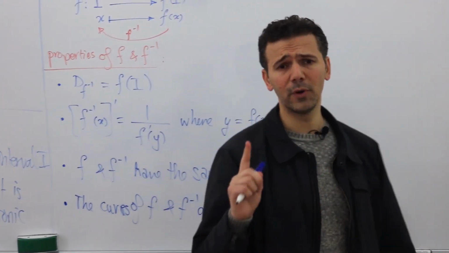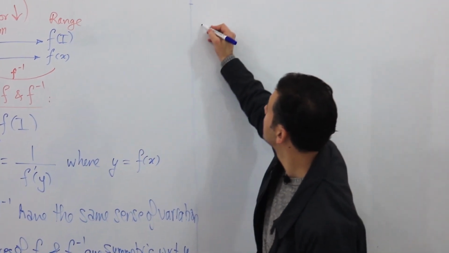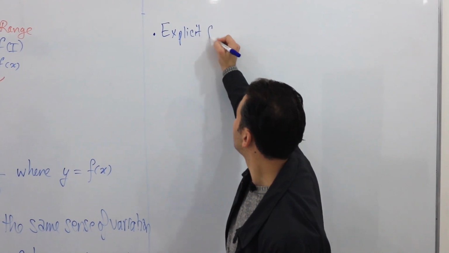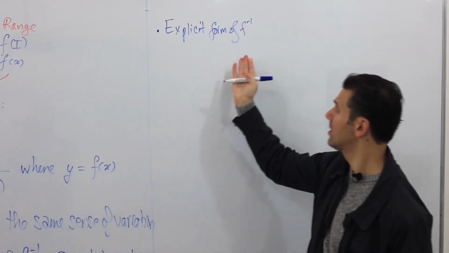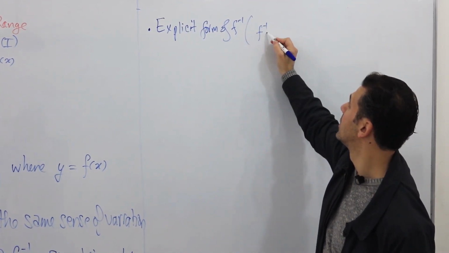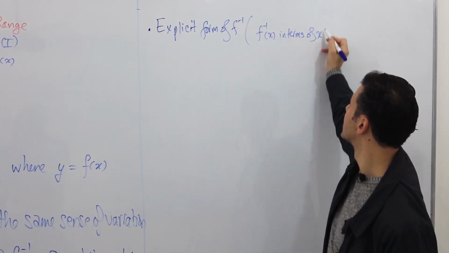The last point is the expression, the explicit form of f inverse. What do we mean by this? As you know, this is the expression of f inverse in terms of x.